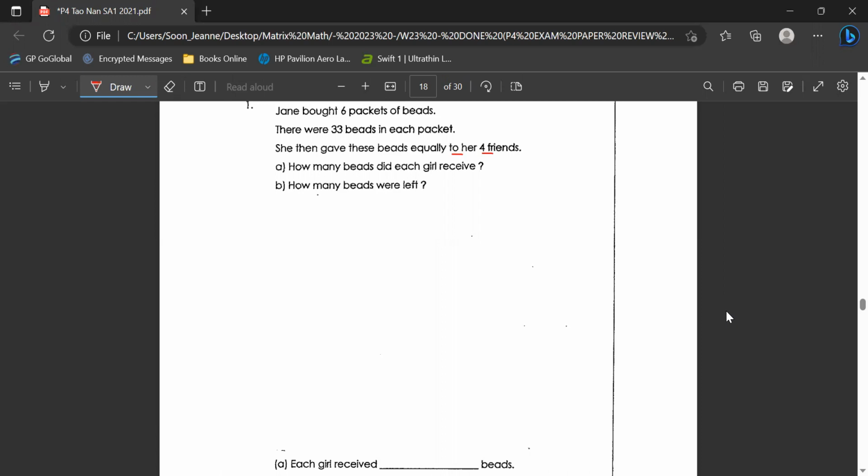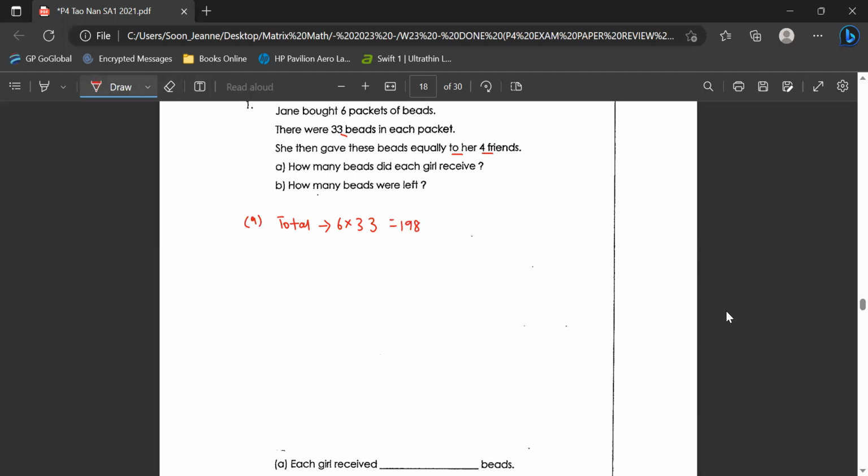So A, very easy. You just need to find out how many beads she has altogether. Because she has 6 packets and each packet got 33, you take 6 times 33 or 33 times 6. Your answer is 198 beads altogether.